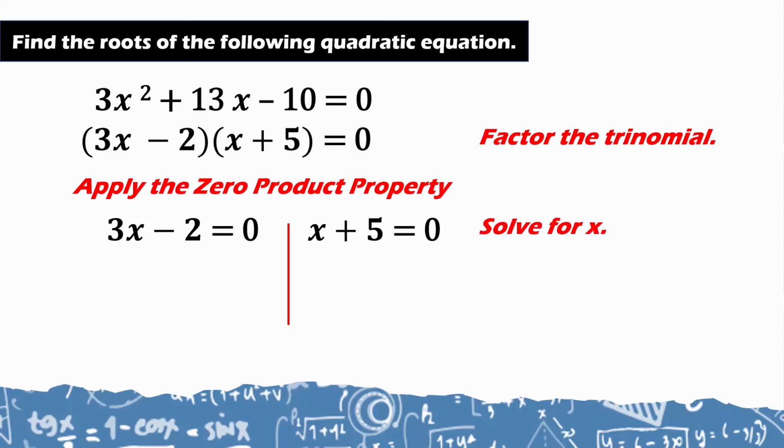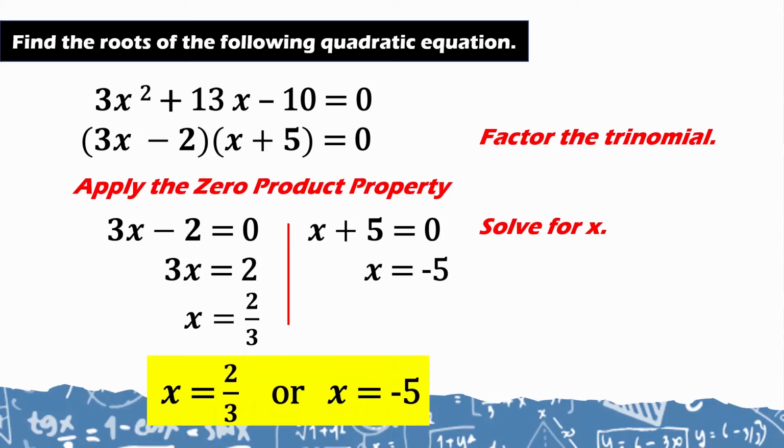Solving for x in each resulting equation, then we have 3x equals 2. Dividing both sides by 3, we have x equals 2/3. On the other hand, x is equal to negative 5. So therefore, the roots of the quadratic equation 3x squared plus 13x minus 10 equals 0 are x equals 2/3 or x equals negative 5.